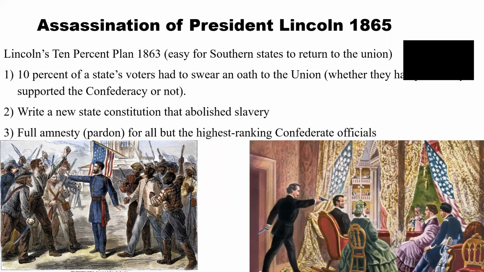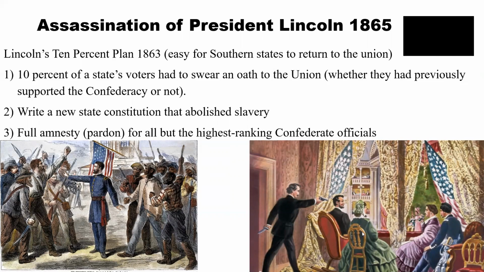There's the plan proposed by Lincoln, the 10% plan, which is basically easy. This plan made it easy for southern states to return to the Union. For example, 10% of the state's voters had to swear an oath to the Union. It doesn't matter if they previously supported the Confederacy or not.